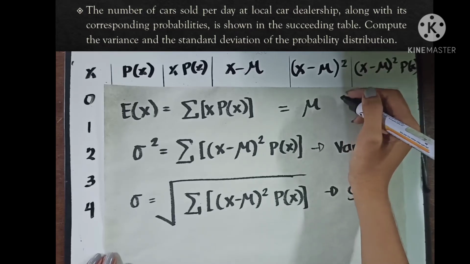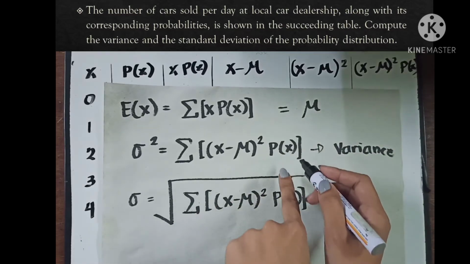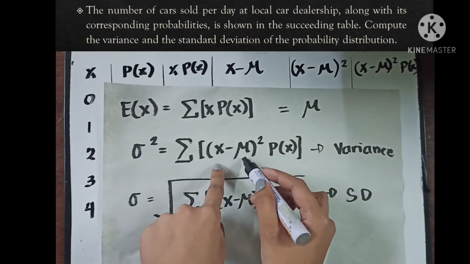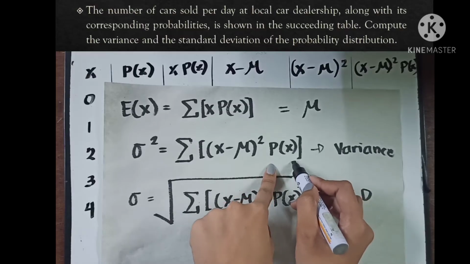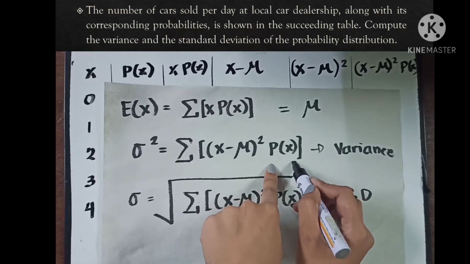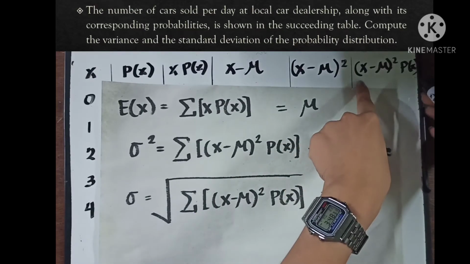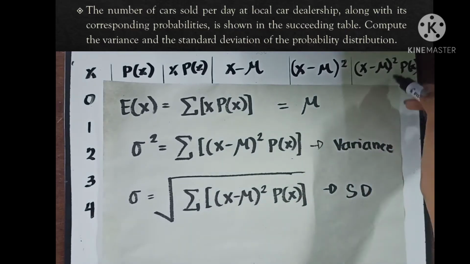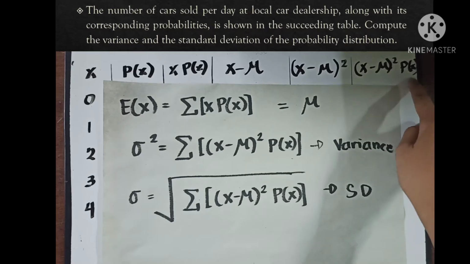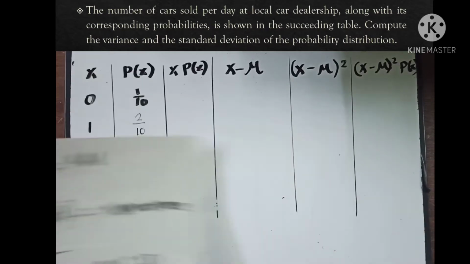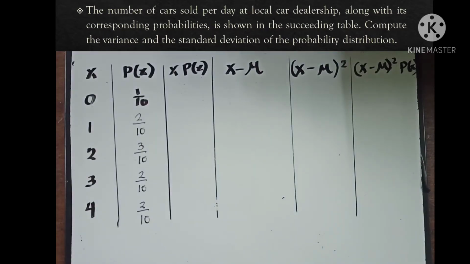And yung product ni x minus mu squared at ni probability or ni P of x. So, meron din tayo dapat column for x minus mu squared multiply by P of x. Okay? So, ito yung kailangan natin sa table to solve for the mean, variance, and standard deviation.